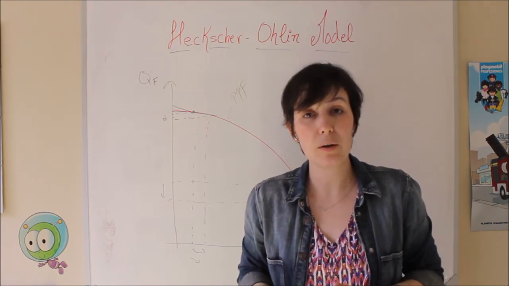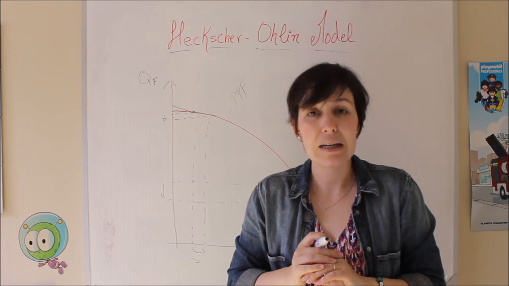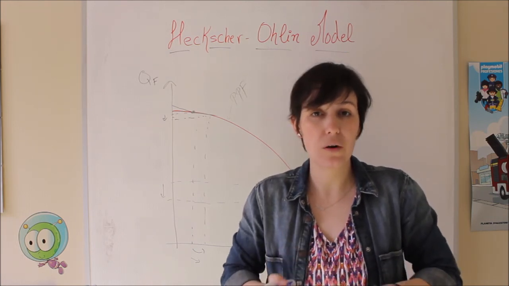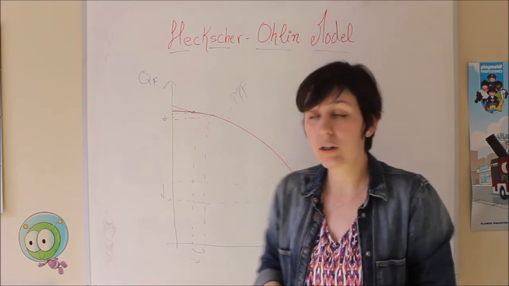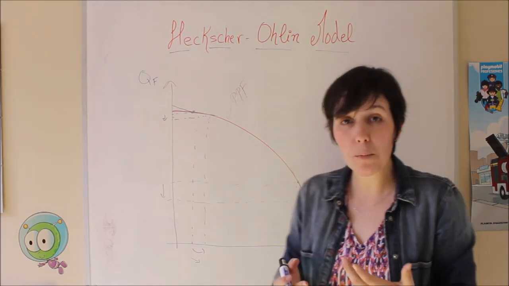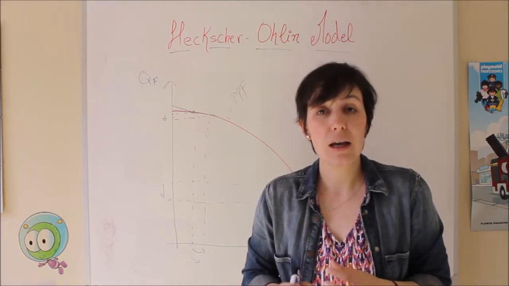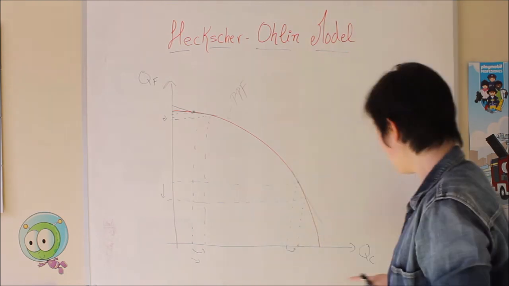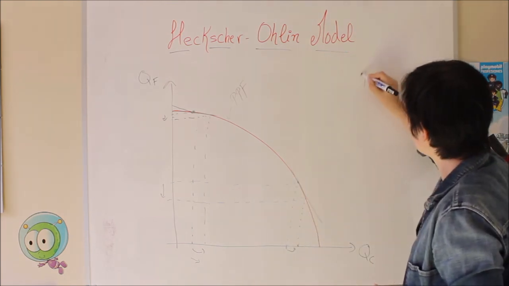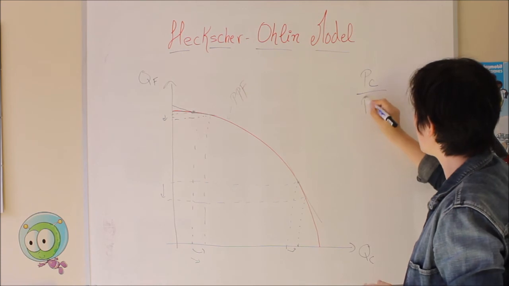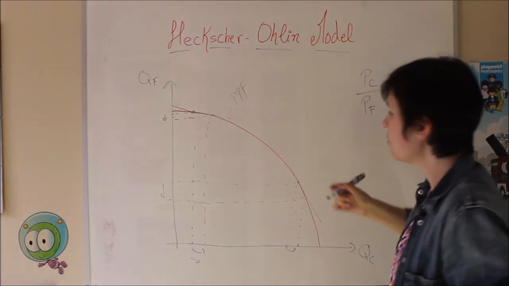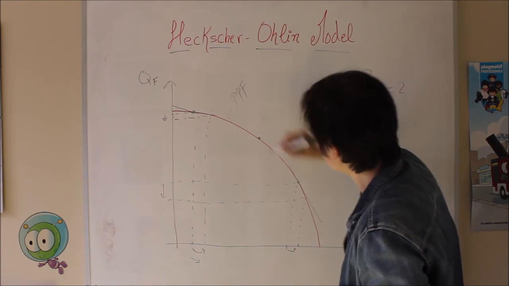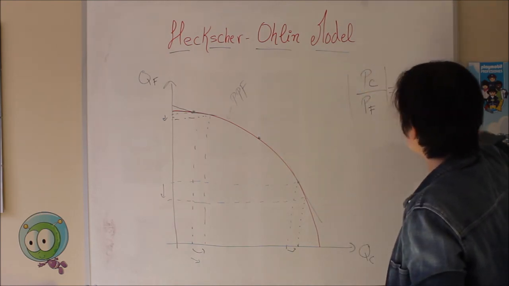Well, the way of determining that is the same as so far. That means it is going to be the point in which this PPF slope meets the relative price of clothes. The relative price of clothes is the price of clothes over the price of food. It's going to be a value, imagine that it is 2, and here, of course, always in absolute terms.